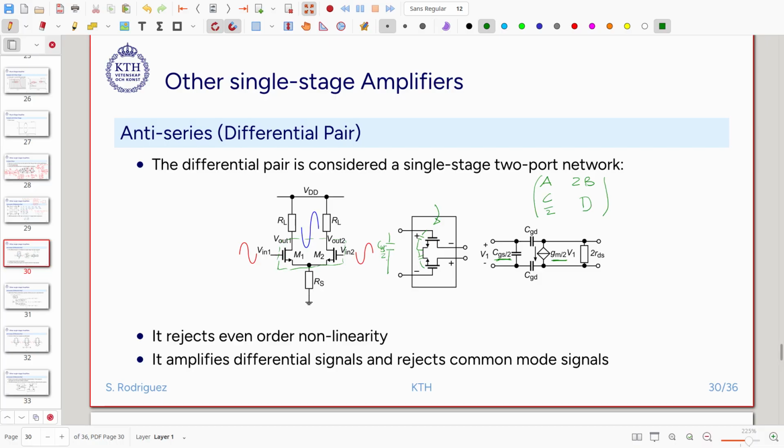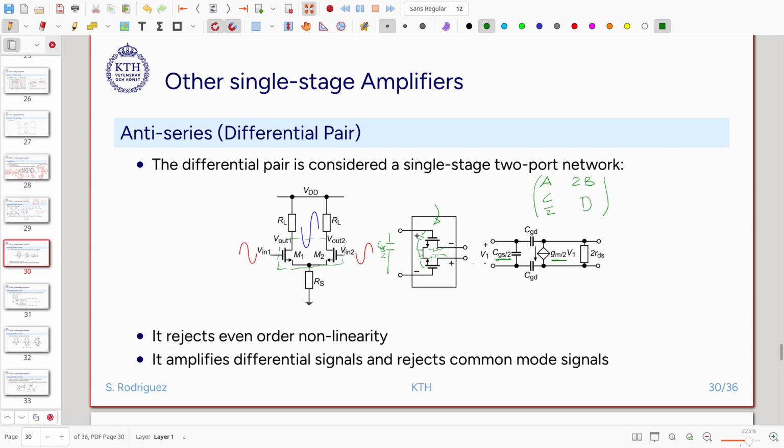So the input impedance has increased by a factor of 2. And then at the output we have 2 resistors: one RDS here, another RDS here, so at the end of the day we will have 2 RDS at the output.